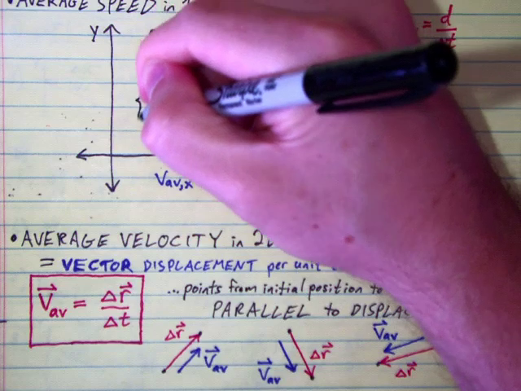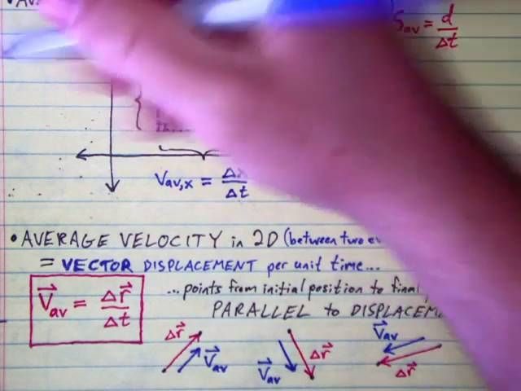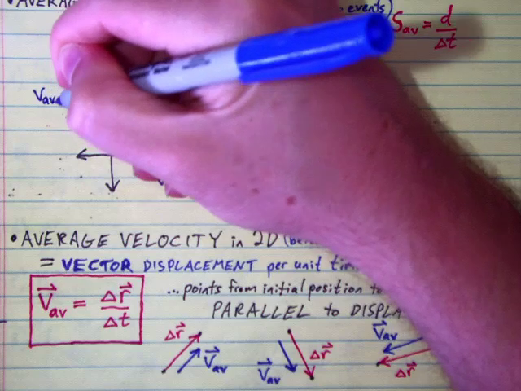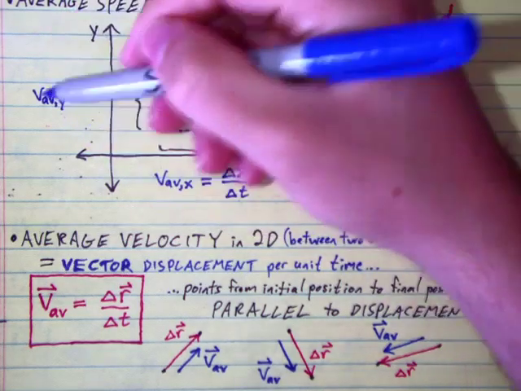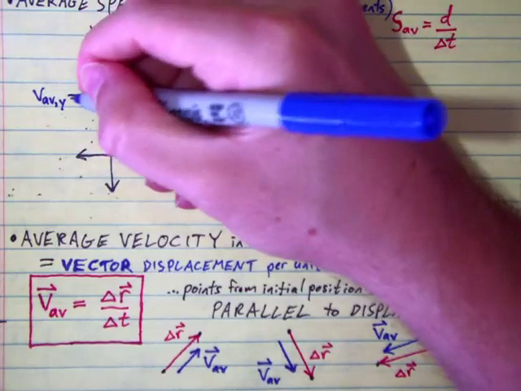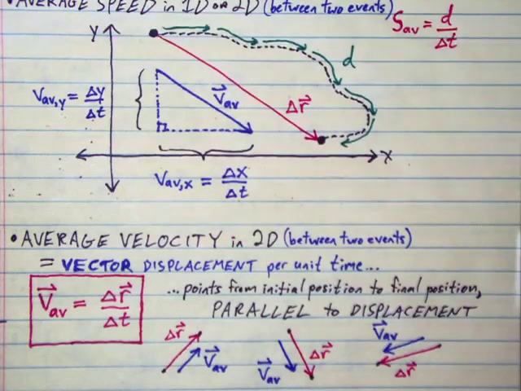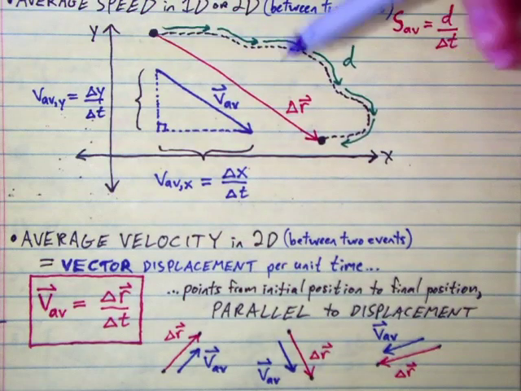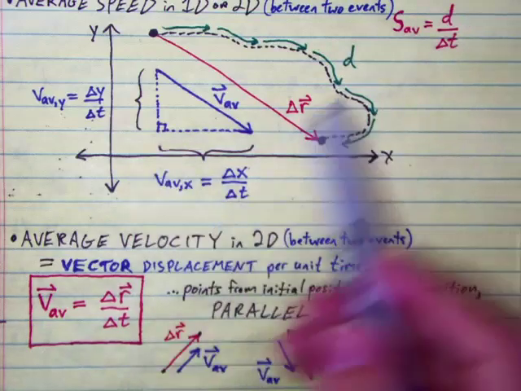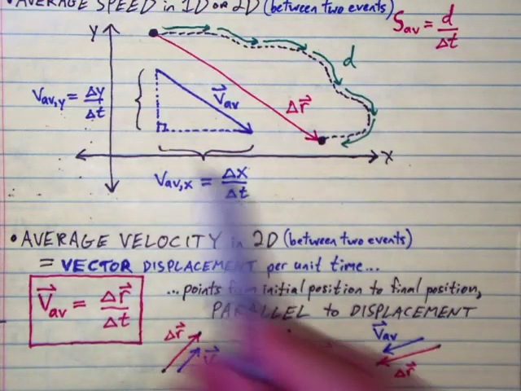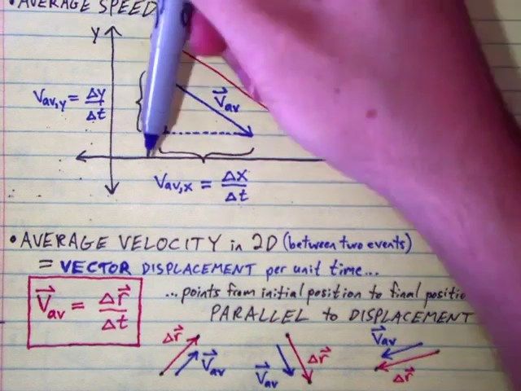Likewise, the vertical component, that we'll call the y component of the average velocity, v average, comma y, is the change in your y position over the change in time. So when we're talking about velocity in 2D, we have a component that's the rate of change of x and the rate of change of y.